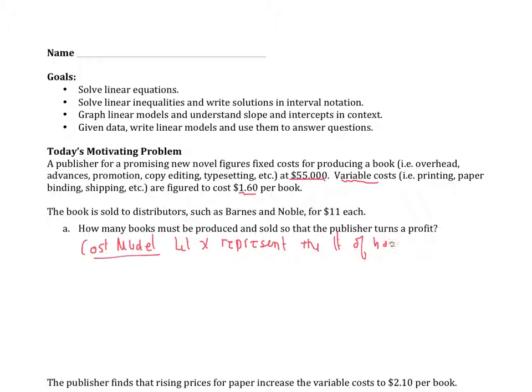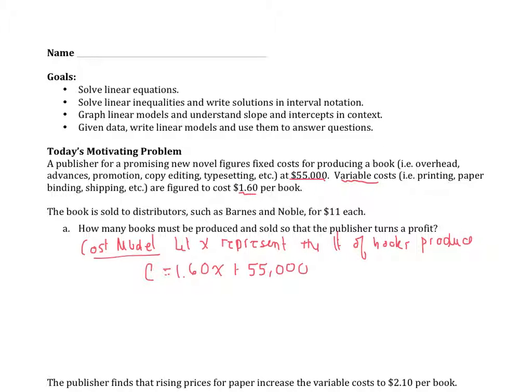And then we were going to let C stand for the cost, and each book costs $1.60 to produce, and X is the number of books, so together this represents the variable cost. But there's also that fixed cost that always costs $55,000. And so we have to consider both, and so this is the model that we came up with for cost.